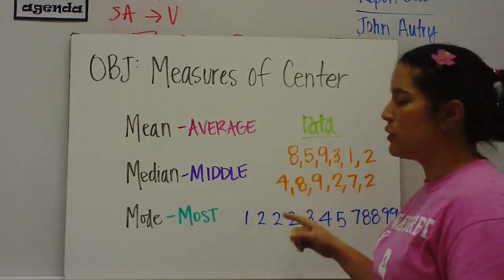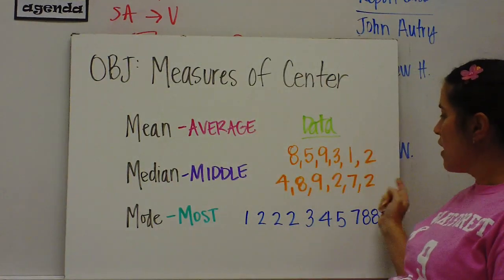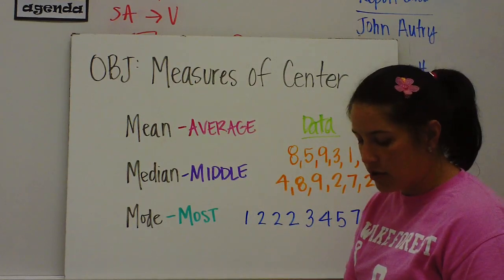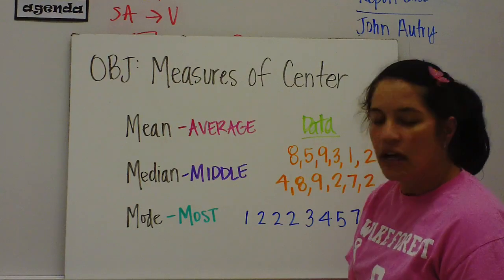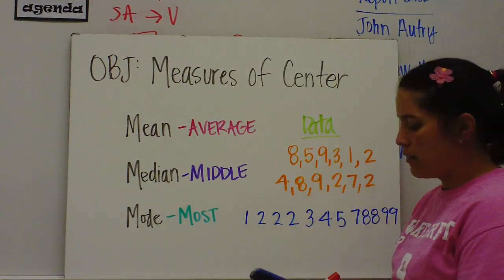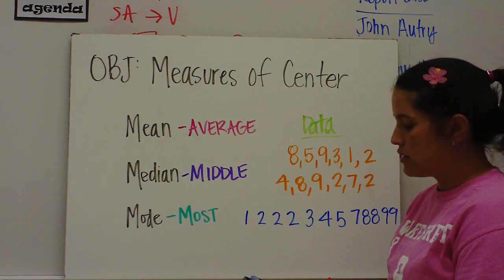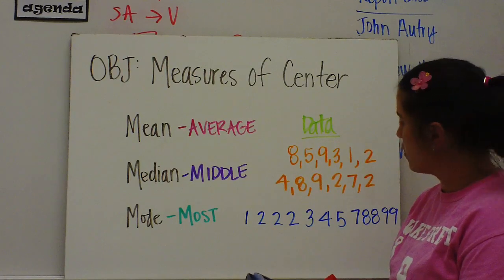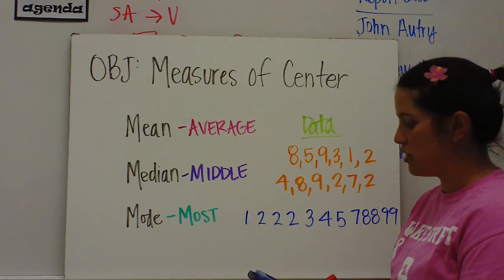So here's an example. You have data, and I've ordered it already. So let's go through and find the mean, median, mode. The average, we'd have to add them up. So 8 plus 5 plus 9 plus 3, 1, 2, 4, 8, 9, 2, 7, 2.